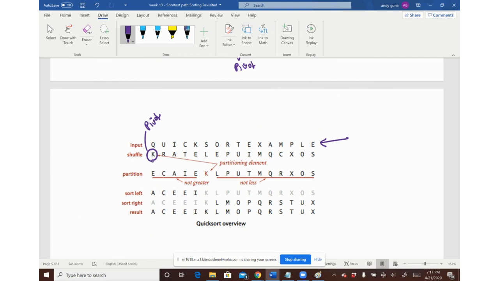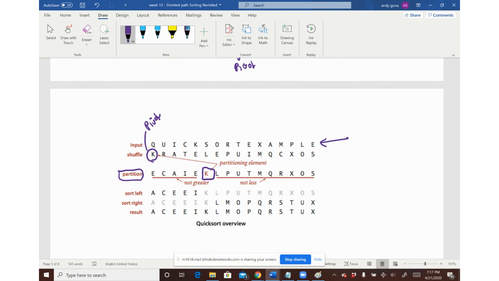The goal in the partitioning stage is to put the pivot into the right place in the array. So essentially, the pivot goes to where the L was before. What you should notice is that all the elements bigger than the pivot, bigger than K in alphabetical order, are to the right of the pivot, and all the elements less than or equal to the pivot are to the left of the pivot.